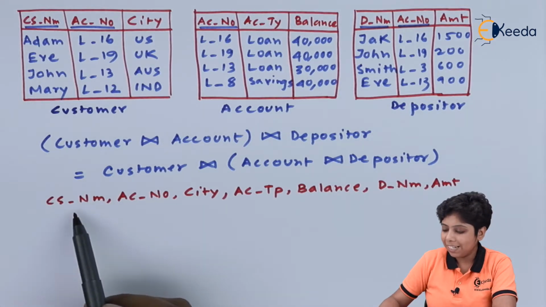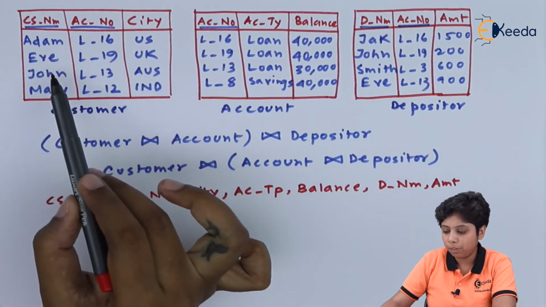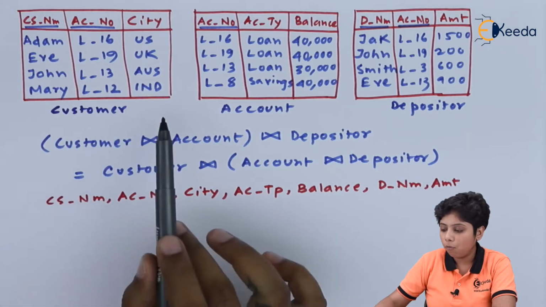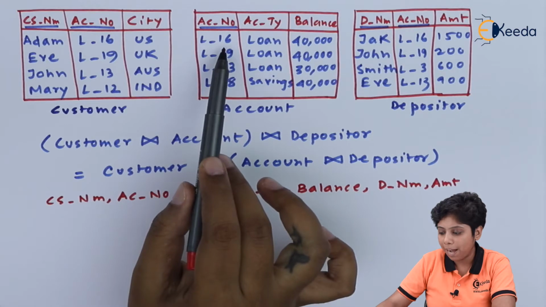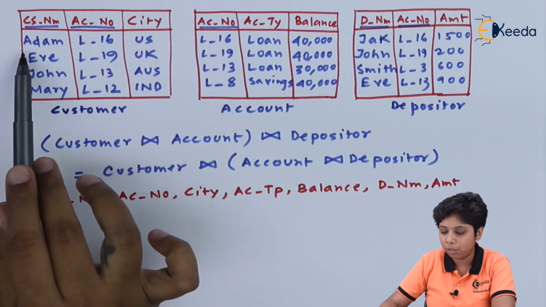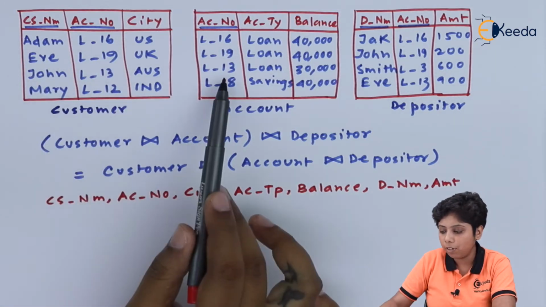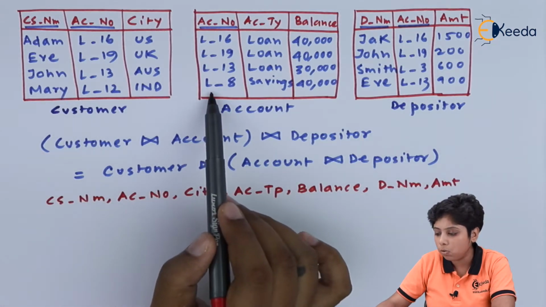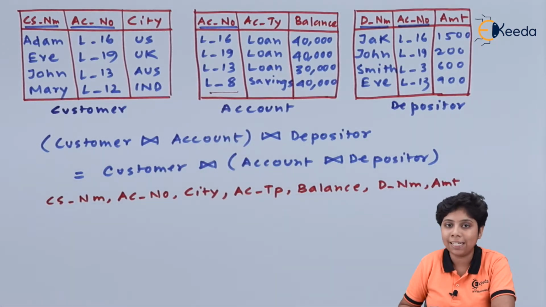So now we can have the customer names Adam, Eve, John and Mary with their account number and city. With the account number that is matched, L16 Adam will be there, L19 Eve will be there, L13 John will be there, and the new account number L8 will be added, but its customer name will be missing in the natural join.